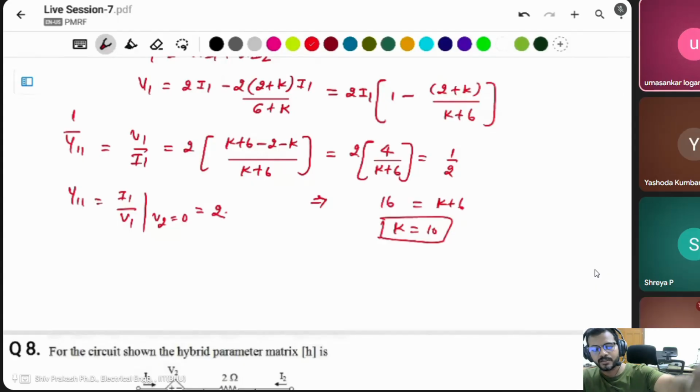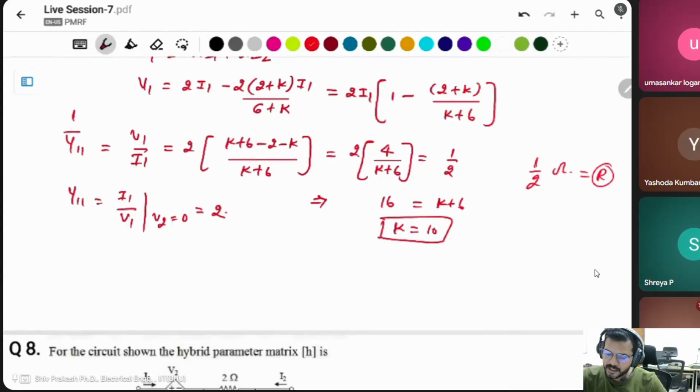Yes. Okay. Actually 1 by 2 is the ohm. If you reverse this one, this is the ohm and it means resistors or impedance. If you reverse of this one, Z is equal to 1 by Y. Then if this is the ohm, then Y is in Siemens, opposite of ohm.